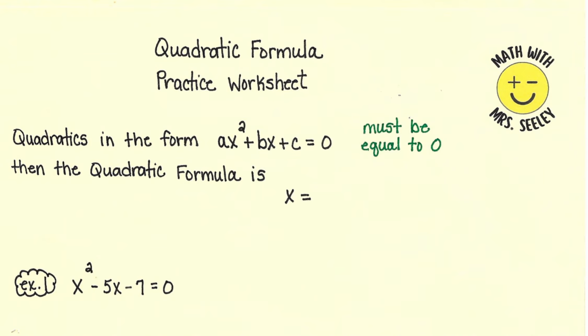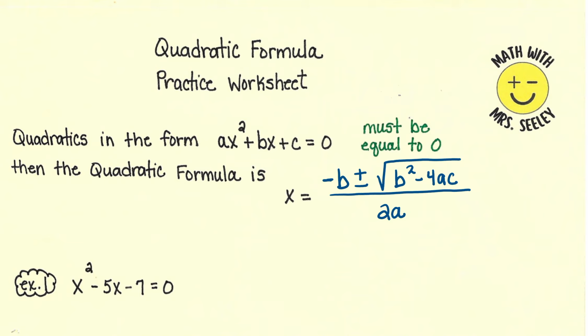Once you are in this form and in this order, the quadratic formula is negative b plus or minus the square root of b squared minus 4ac all over 2a.